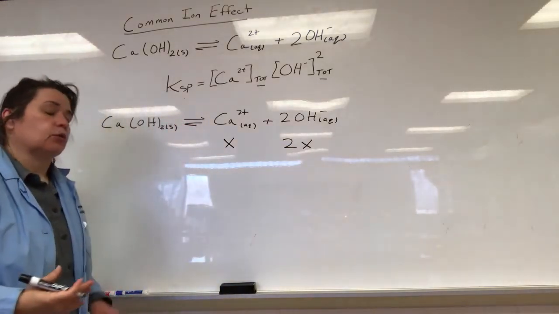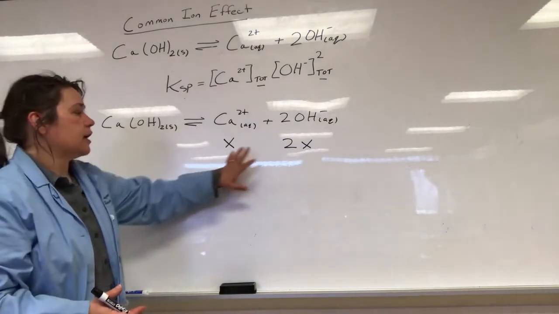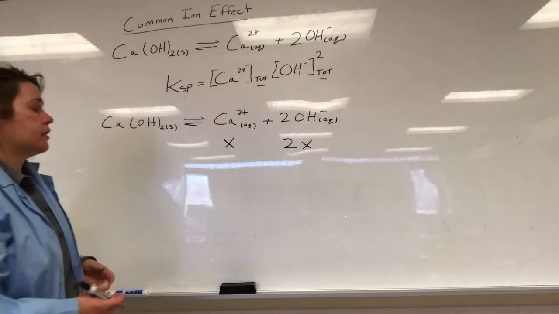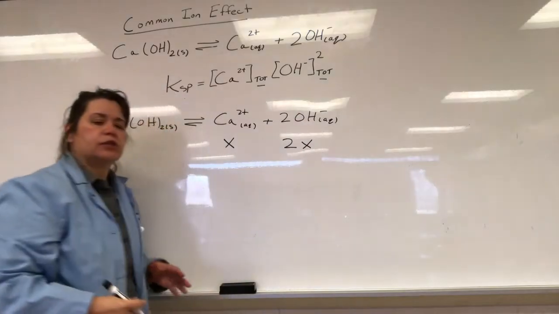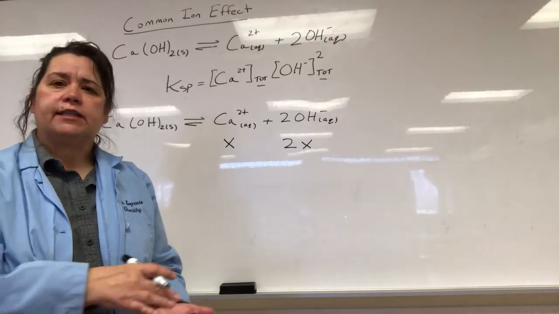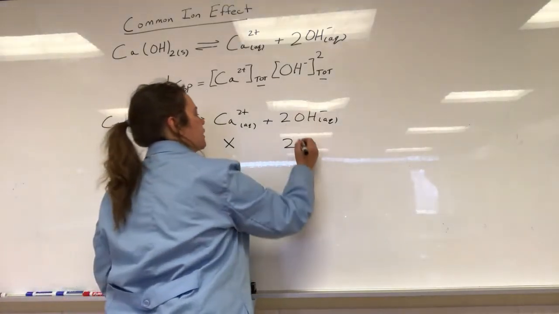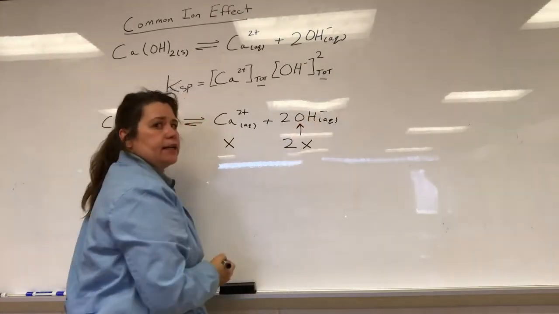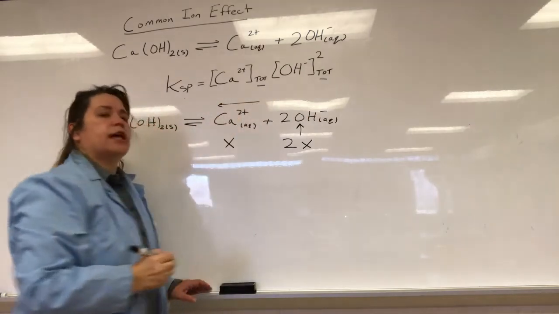But if we're not in pure water and there's an outside source of a common ion, we would see a different occurrence here. This is known as the common ion effect. Say we try to dissolve calcium hydroxide in a solution that already contains some dissolved sodium hydroxide. The additional hydroxide that's present initially, by Le Chatelier's principle, will drive this reaction to the left.